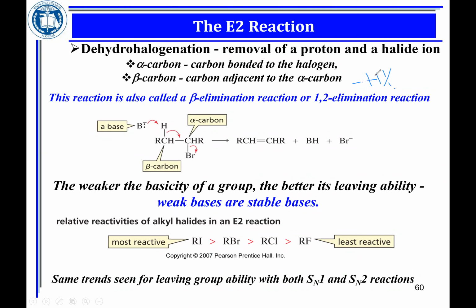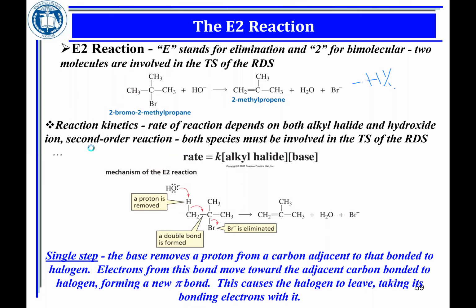So it's a minus HX. So for elimination, you have minus HX. Which carbon is going to lose X? X is the halide, right? Which carbon is going to lose the X?